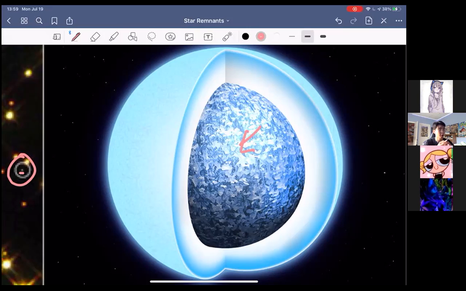When you have so much mass clumped together like that, with atoms super, super close to each other, it becomes a crystal, it becomes solidified. So you have a solid core, a liquid membrane, and then you have gas outside.